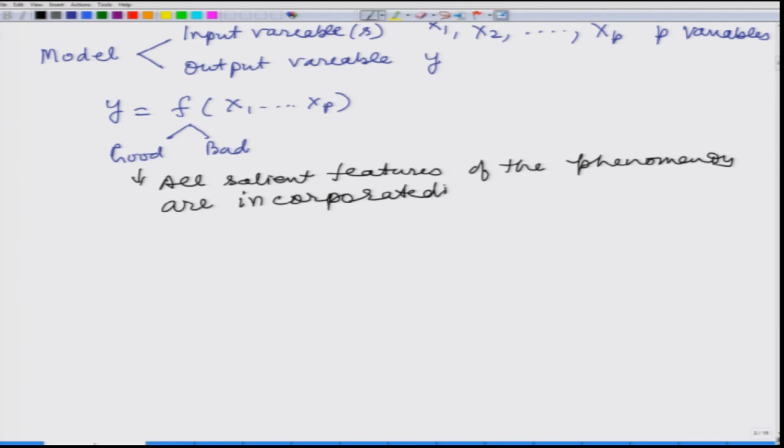Right. The next question comes, I would like to have a good model, no doubt about it, but then how to obtain it? Right.